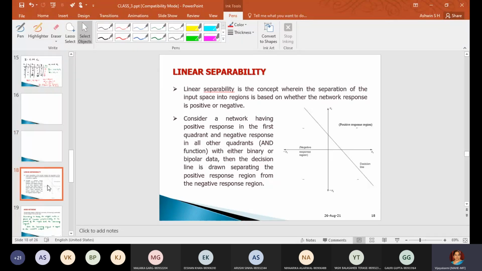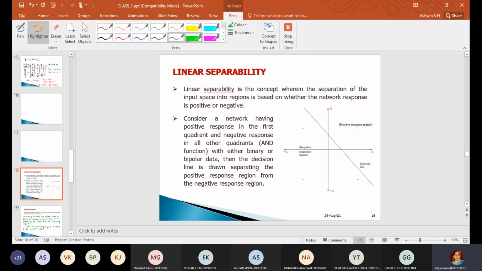What is this linear separability? It is the separation of the input space into regions based on whether the network response is positive or negative. Let me be very brief. I'll just try to give you the concept.